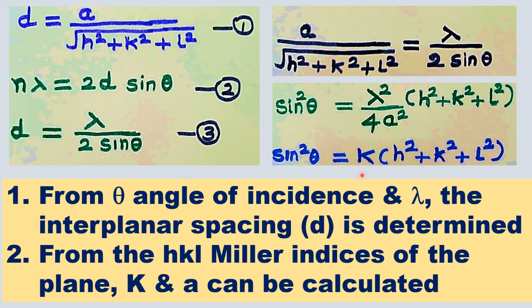Similarly, we can obtain the interplanar spacing for the hkl plane. For the plane 100 or 110, the interplanar spacing is known and the Miller indices are known, so the lattice constant can be determined. Similarly, the k value can be determined from the powder XRD spectrum, k equal to lambda square by 4a square. Okay.